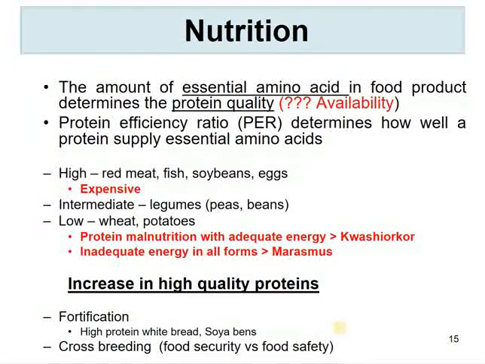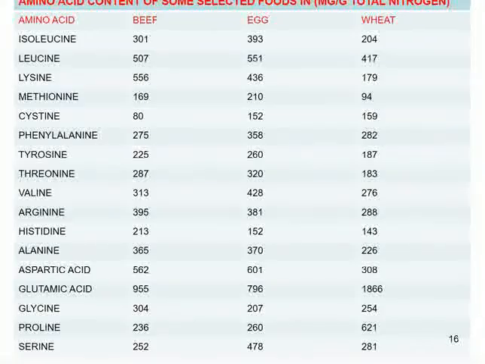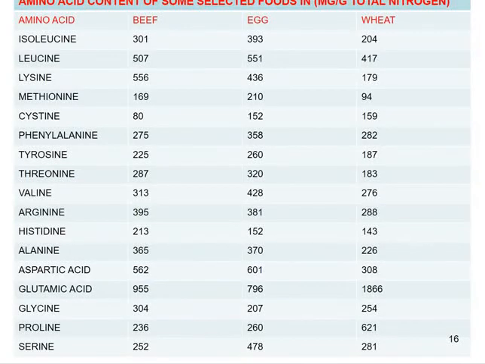And then we also have crossbreeding, like biotechnology, whereby the genes of a flour that produces high proteins are incorporated in the genes of wheat flour, and in that way it will be able to produce high protein quality.